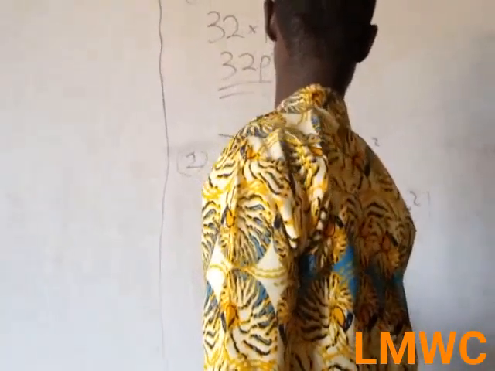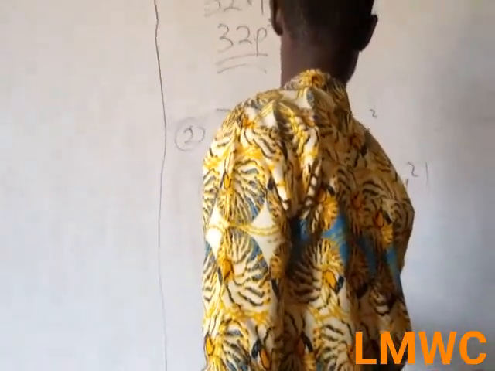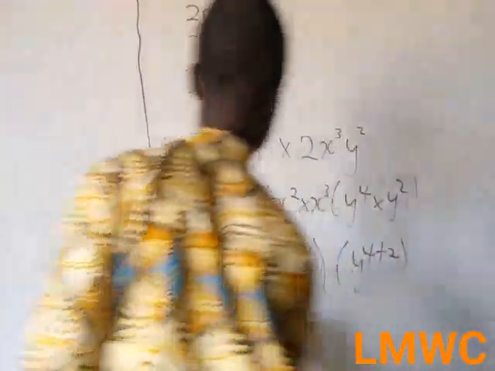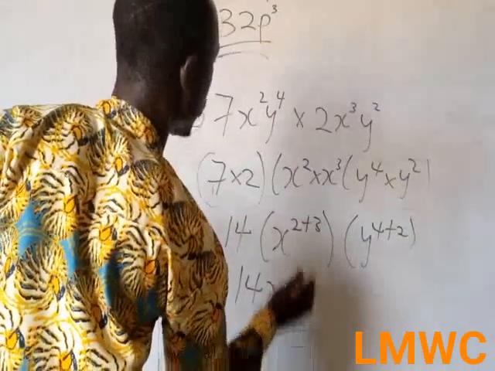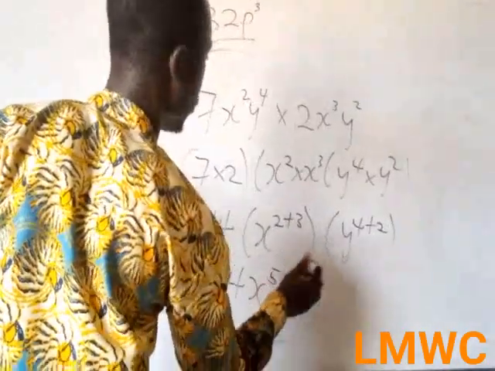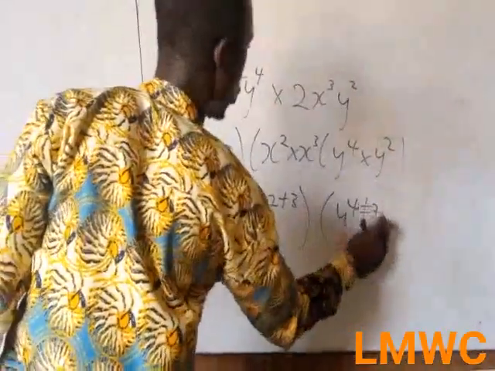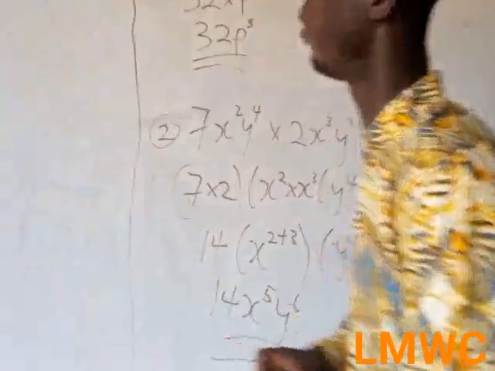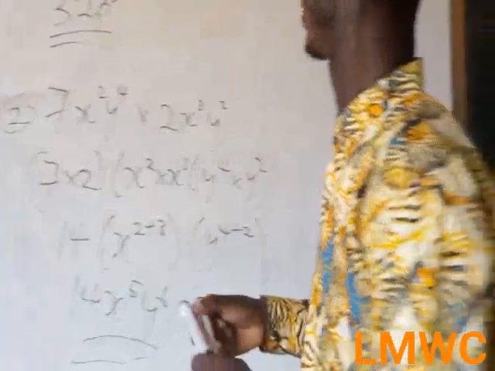So for x, you add the powers, because if the bases are the same, you add the powers. Y, 4 plus 2. Then you have 14x, 2 plus 3 is what? 5. Y, 4 plus 2 is what? 6. So that is the answer: 14x to the power 5, y to the power 6. 3.